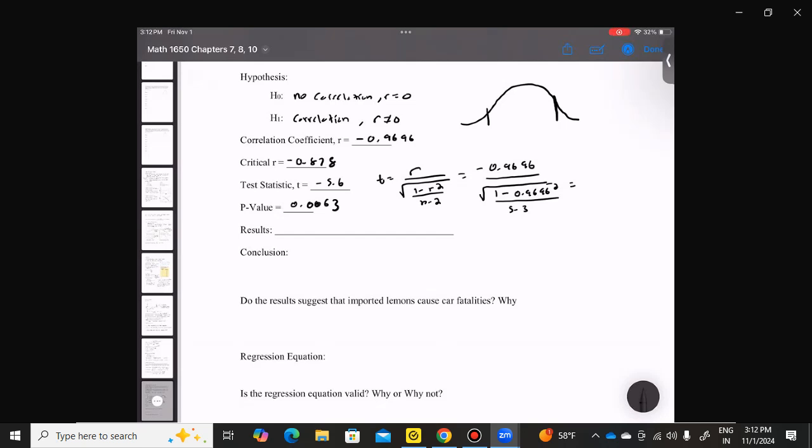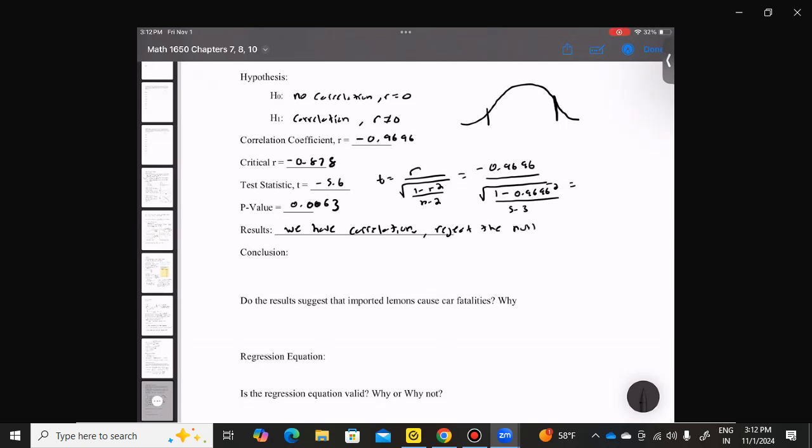The absolute value of it is still greater than 0.87. So we will have correlation, and we reject the null.